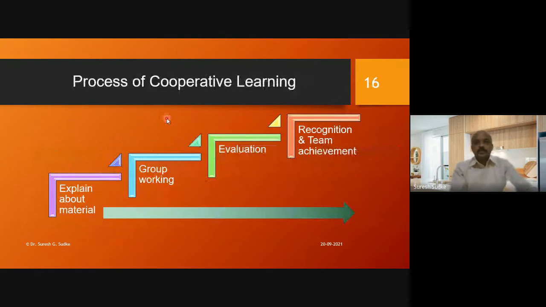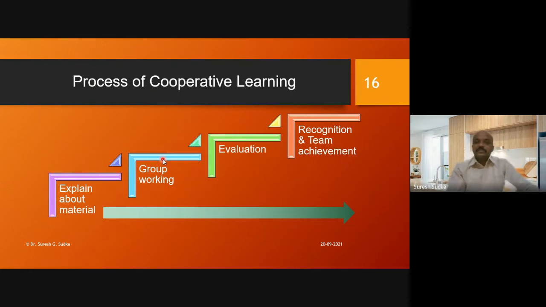So firstly we will understand the general process of cooperative learning. In this cooperative learning, it consists of mainly four steps. Initially, the teacher explains the material or the students themselves read the material. Then second, group working. The students will work together.